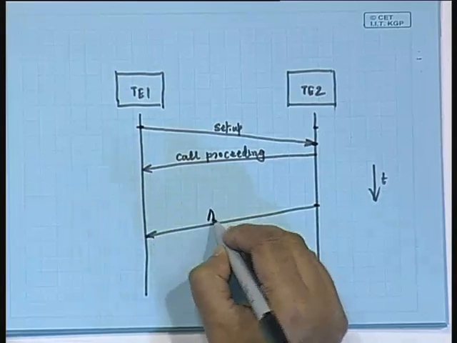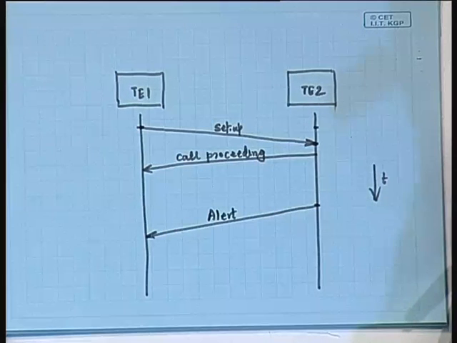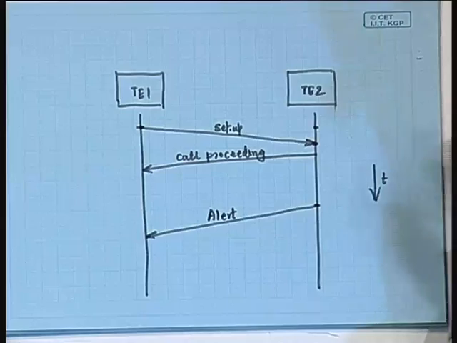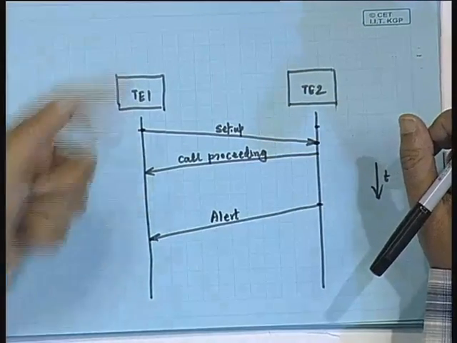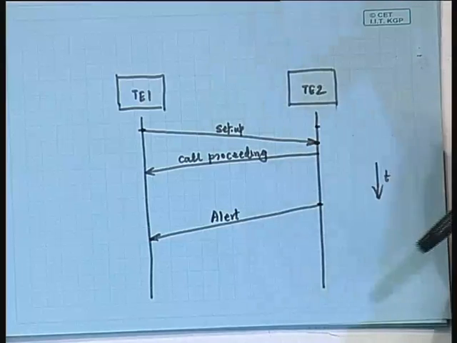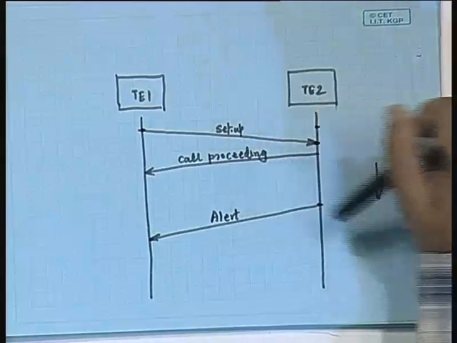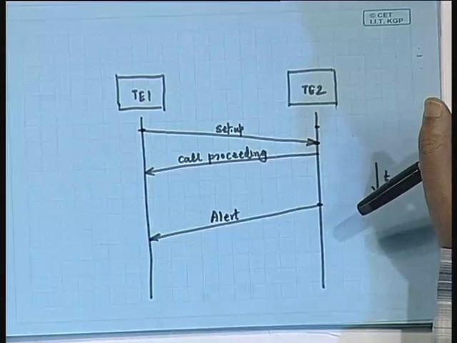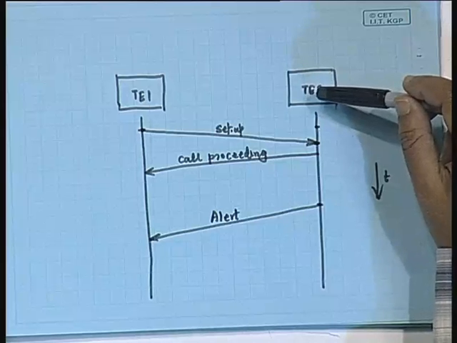This is called an alert, because with this signal TE1 gets prepared that anytime T2 can lift the telephone. T1 is the source, T1 initiates the call, so T1 has already lifted the handset, and through this alert is actually listening to the ringing tone that is going on at the other end.